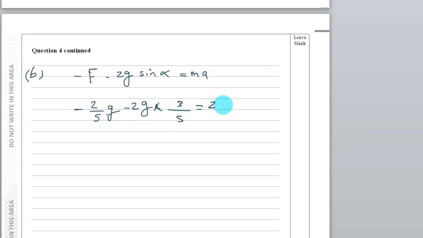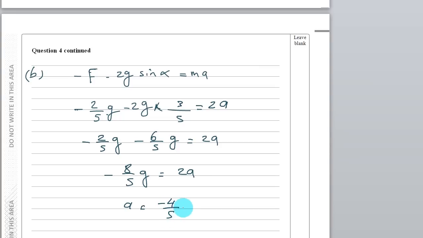Mass is equal to 2, multiplied by a. So now I have minus 2/5 g minus 6/5 g is equal to 2a. So minus 8/5 g is equal to 2a. So from here the acceleration is equal to minus 4/5 g.